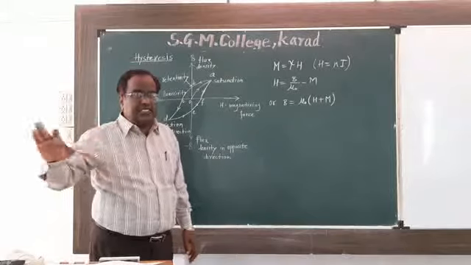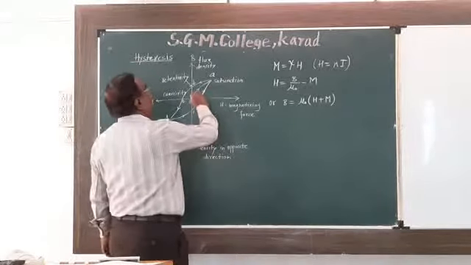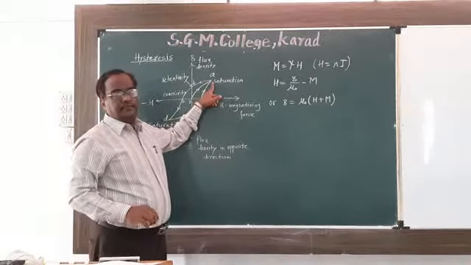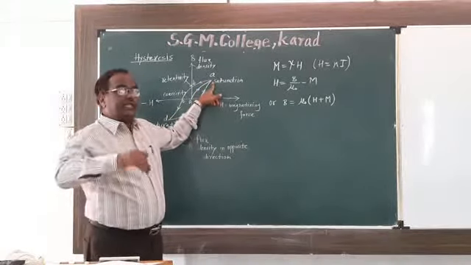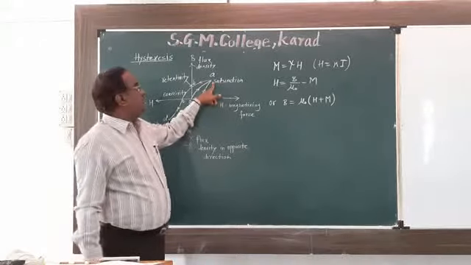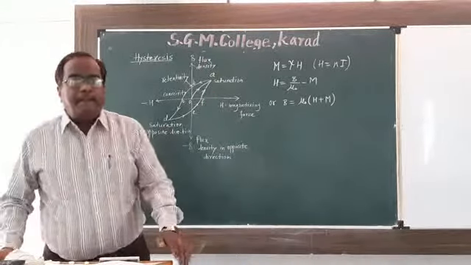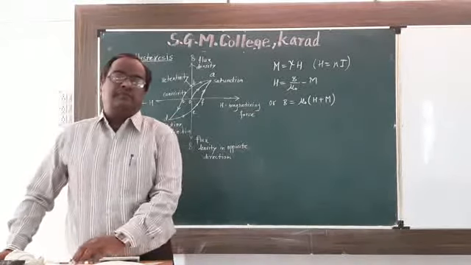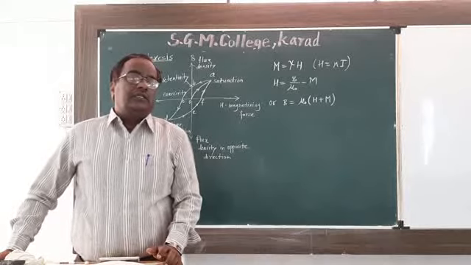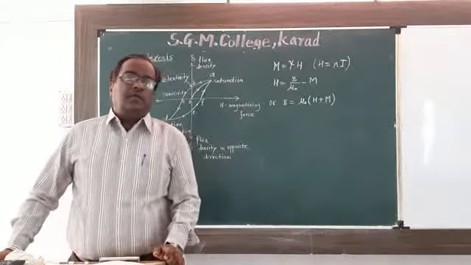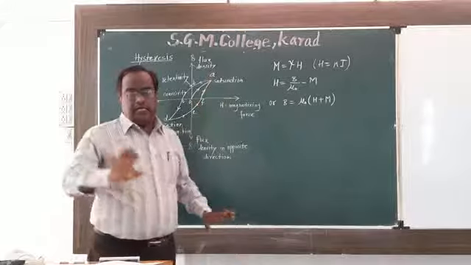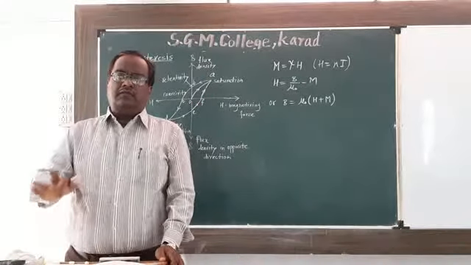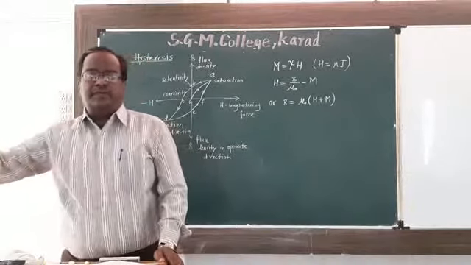It is not a linear increase. Therefore, we get a curve like this. At point A, if we increase the value of current again, then magnetic flux does not increase. It means at point A, we achieve saturation. All domain axes are turned in the direction of the field.